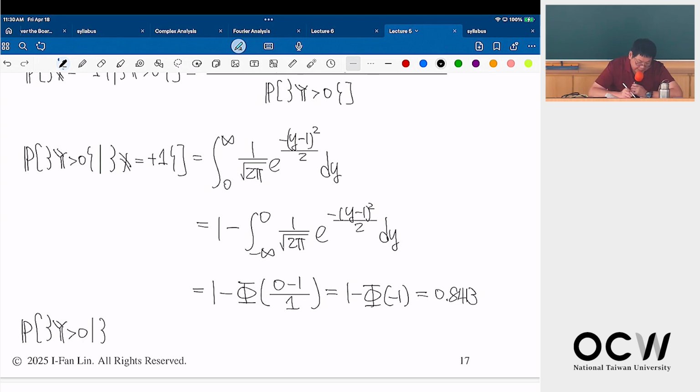Given x is minus 1, the probability of y greater than 0, you do the same procedure and you get 0.1587.